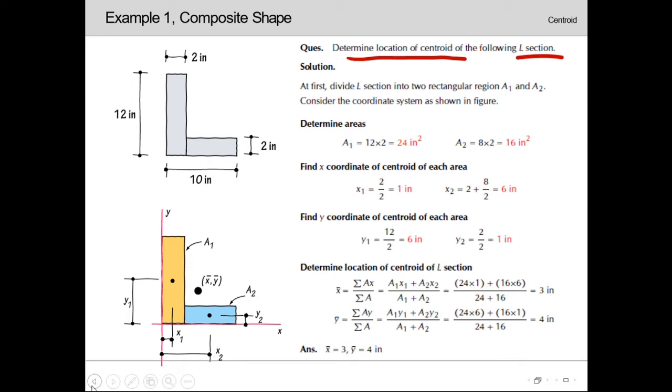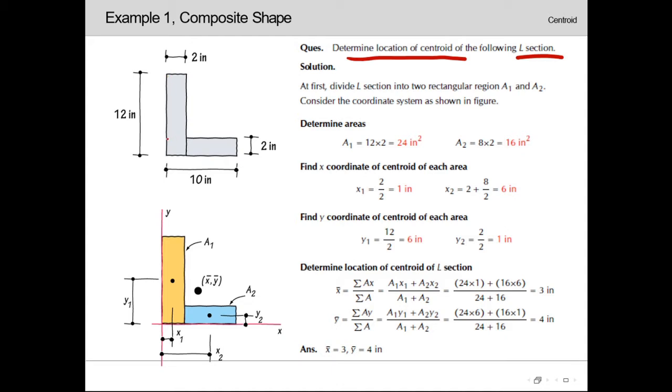In order to do that, the first and foremost step is to divide the composite shape into smaller segments for which we can easily determine the centroids. Here we can see an L section comprising 2 rectangular sections.